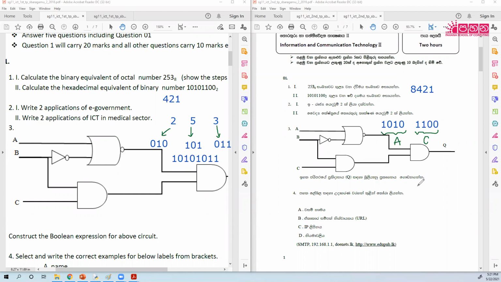Okay, I got the answers from Janani, Pramodi, Binu, and Achira. Amasha also got the same. Good.